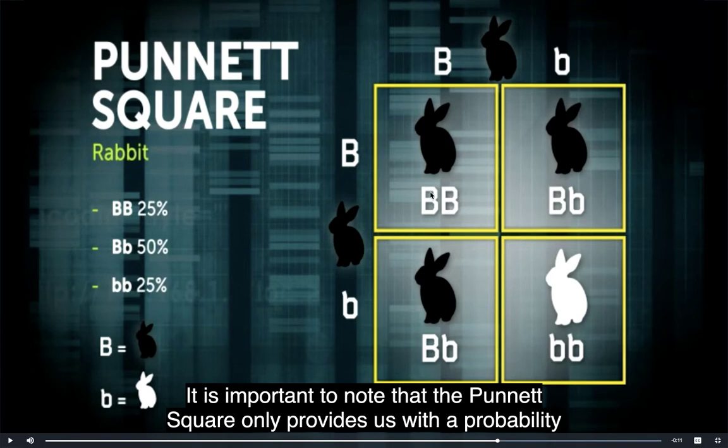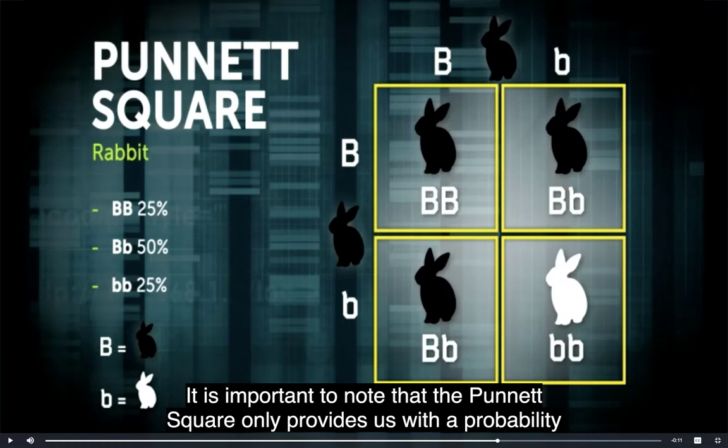So if it inherits two capital Bs, then it will have a black coat because it has two of those dominant black coat alleles. Now, if it has one allele for black coat, which is the capital B, and one allele for white coat, which is the lowercase b, it will still have a black coat because, again, a black coat is dominant over a white coat.